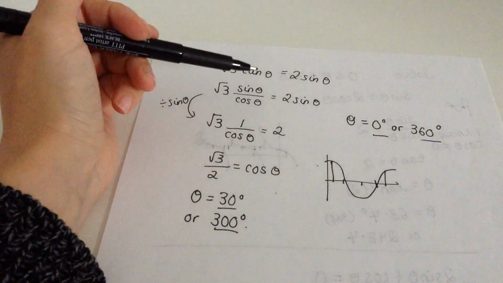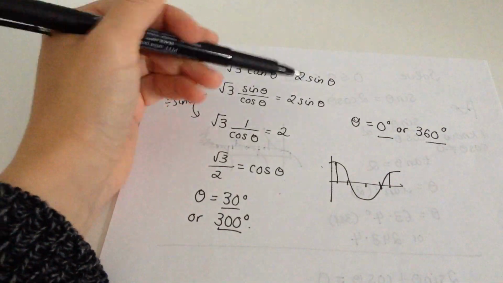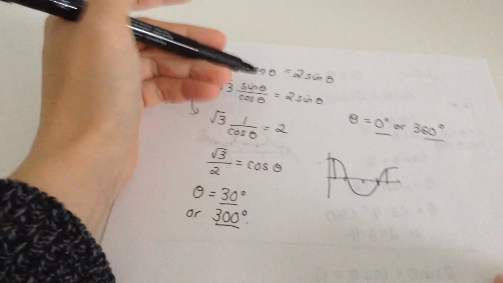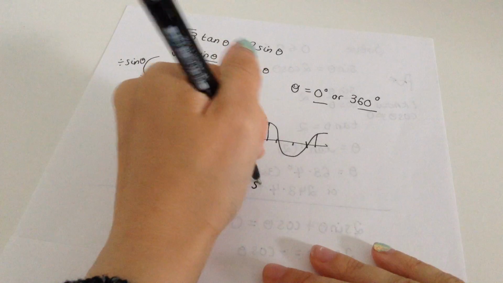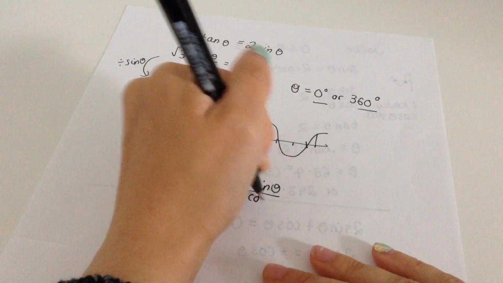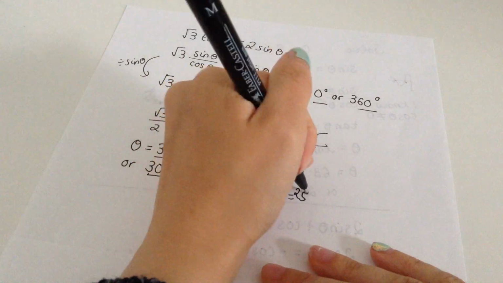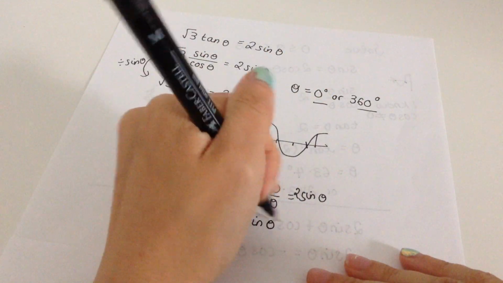It's only dodgy in this one, because when I divide by sine, I could get 0 or 360. So what would have been better here would have been to say, instead of dividing by sine, let's times both sides by cos theta.